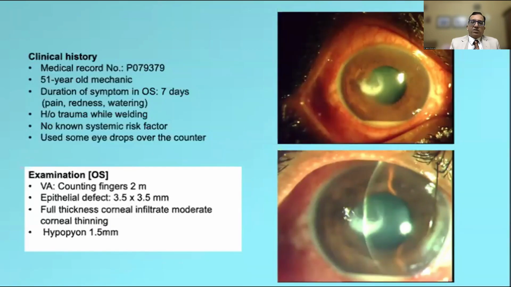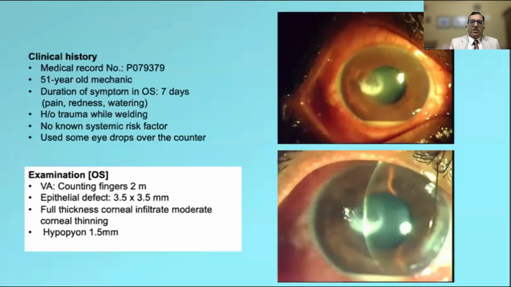If you look at the slit lamp photographs, you can see that there is a central corneal ulcer, the color of which is yellowish. It has a leading edge. We call that the leading edge because the infiltrate is very dense there.